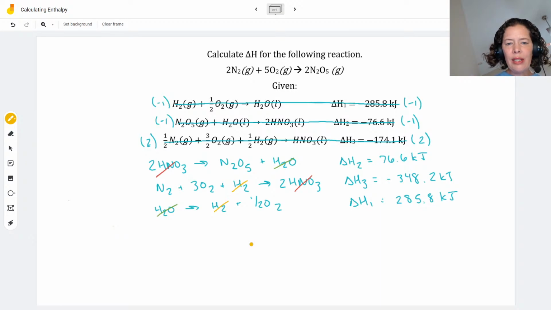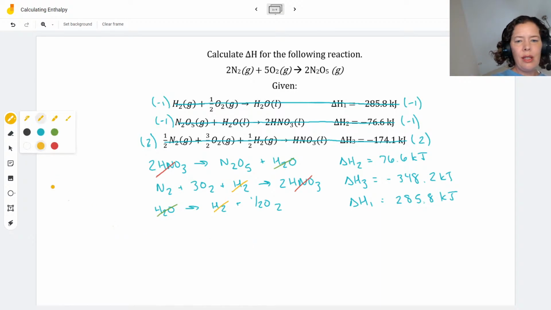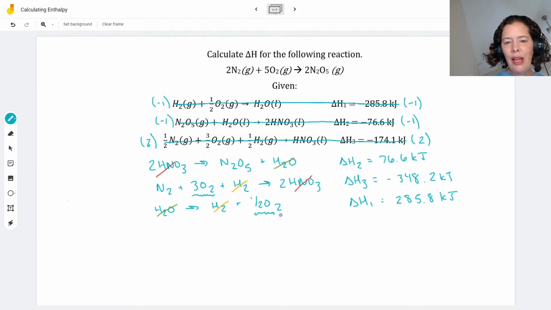And for my oxygen, I'm going to do something different. I'm going to put a little squiggly line underneath because these do not add out because I would need either 3 here or 1.5 here.